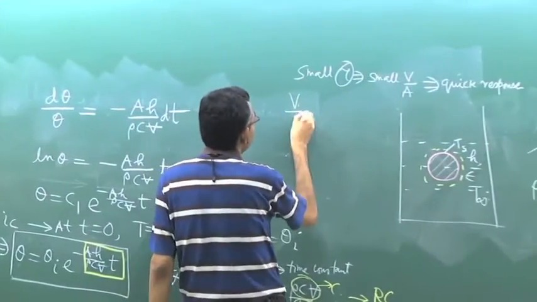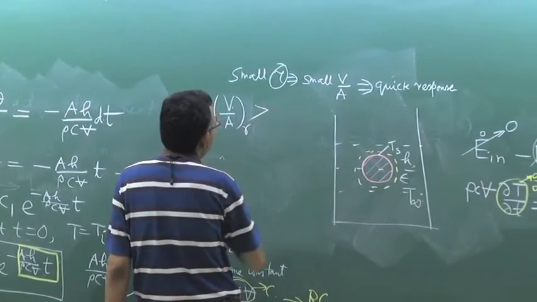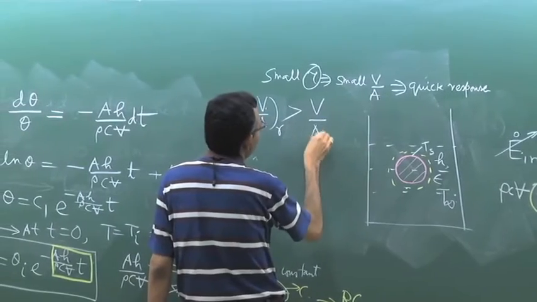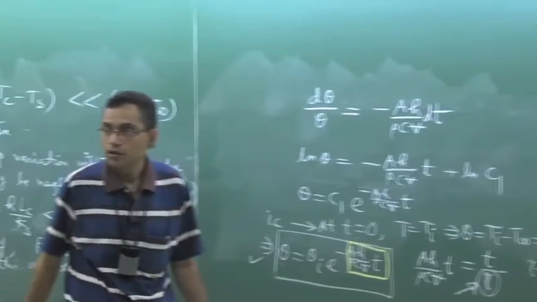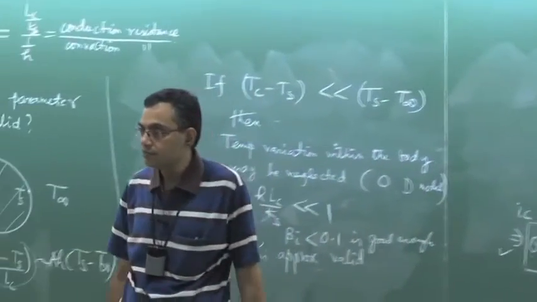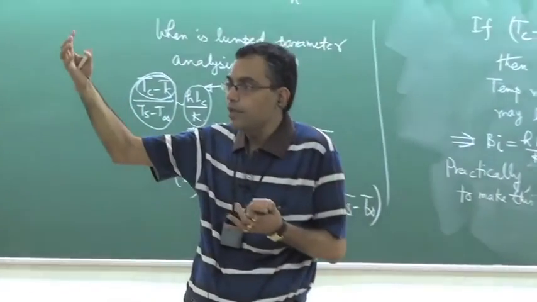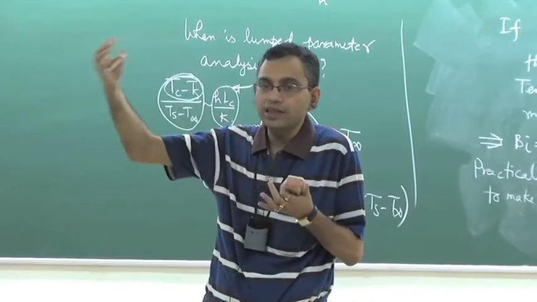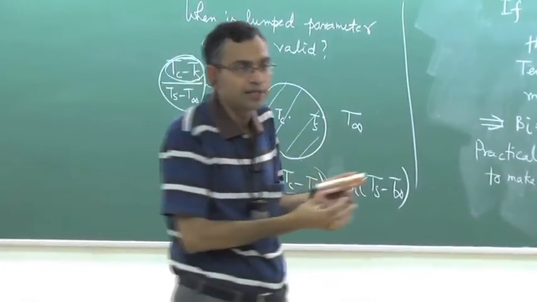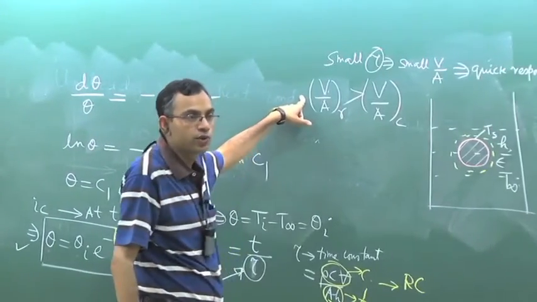That means volume by area of the riser must be greater than volume by area of the casting, because its time constant should be large, so that it responds slowly to the thermal change and will not immediately freeze. This in the riser design problem is known as Chvorinov's rule.